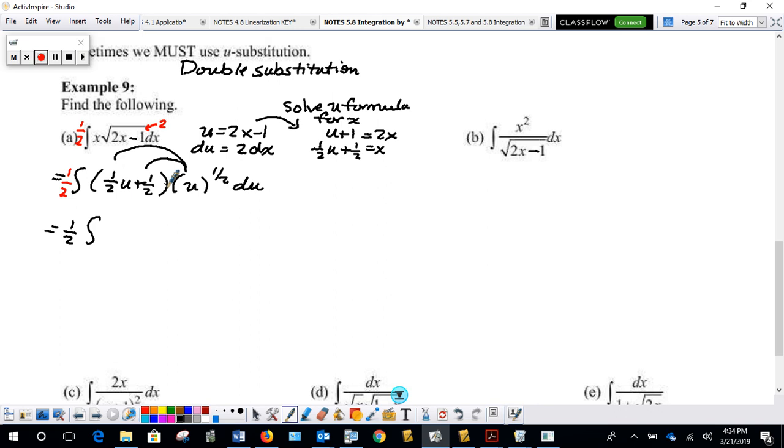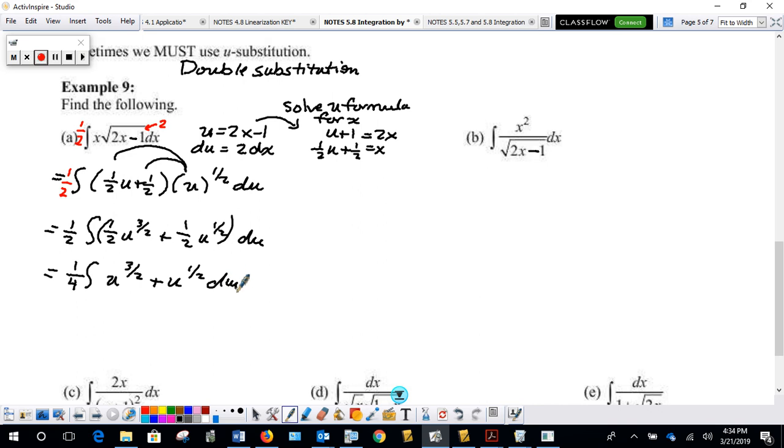And remember, you add your exponents, so it would be 1/2 u to the 3/2 plus 1/2 u to the 1/2 du. Then I may want to pull this extra constant out, make that a 1/4. Now all I'm integrating is power rule on u each time.